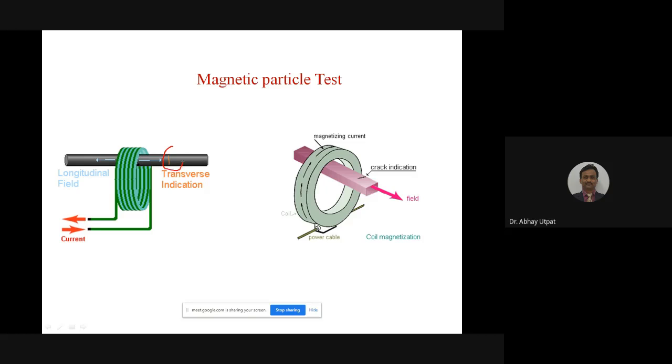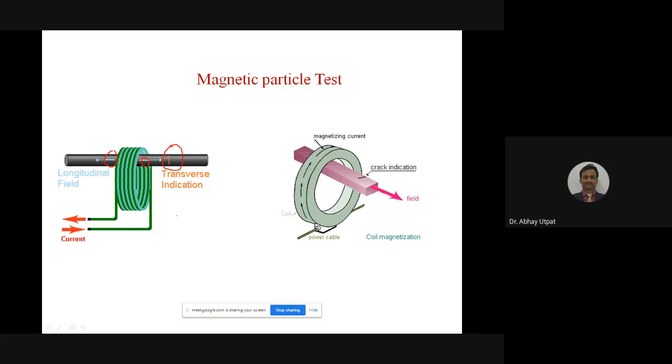See, this is one crack present on the rod, and here is another crack present on the rod. Here is one more crack. Red color indicates that the crack is detected, transverse indication. And longitudinal field means the magnetic field is in this direction. The cracks which are perpendicular to the magnetic field are only detected.